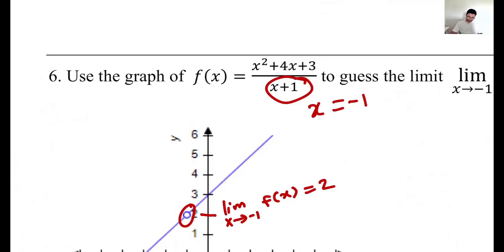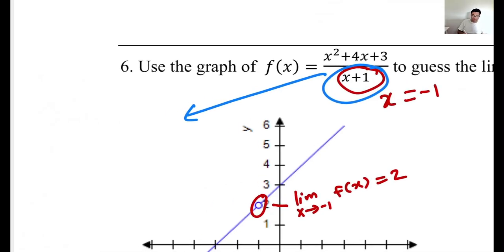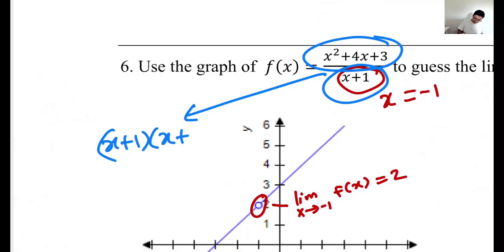And the fact that there is a hole means the factor in the denominator must get cancelled, right? Recall that from pre-calculus or college algebra, whichever course you have taken. And how would I know that? You can factor the numerator: x plus 1 times x plus 3. Check that. Okay, divided by x plus 1.